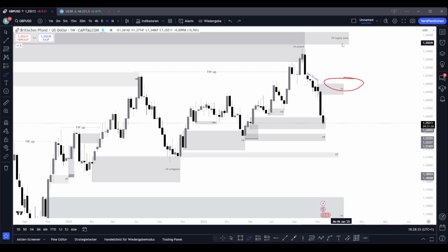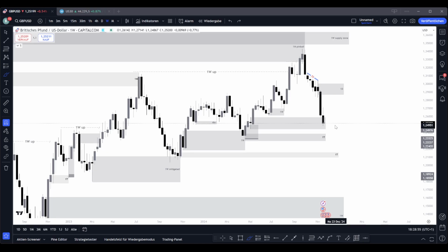So basically, that's it. To summarize this video, I'm focusing this week on this zone. Price is sitting at a weekly demand zone, which is an important zone which I've spoken about in my previous forecast.